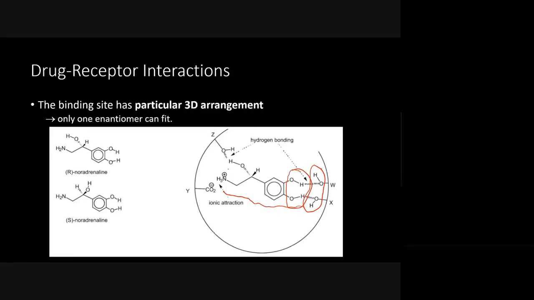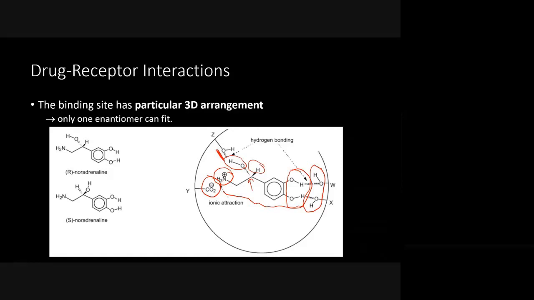Then you have this part: NH3+ can form a very nice ionic attraction with the side chain on another amino acid, in just the right position such that you can bind the molecule properly. And if you look at this chiral center, the H is pointing out, the OH is pointing in. And just nice, the OH that's pointing in will form a hydrogen bond with the top OH group on the enzyme.